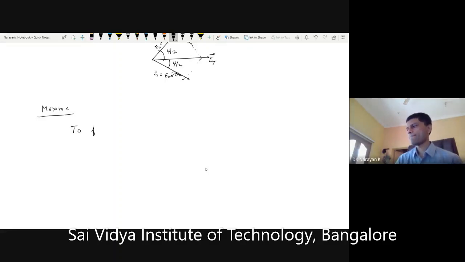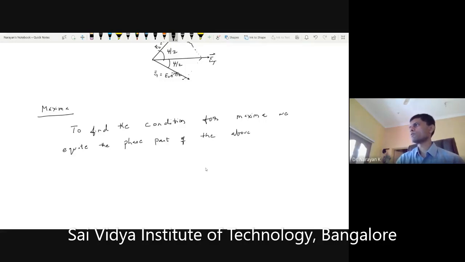To find the condition for maxima, we equate the phase part of the above equation to the maximum value, that is, cos of psi by 2.